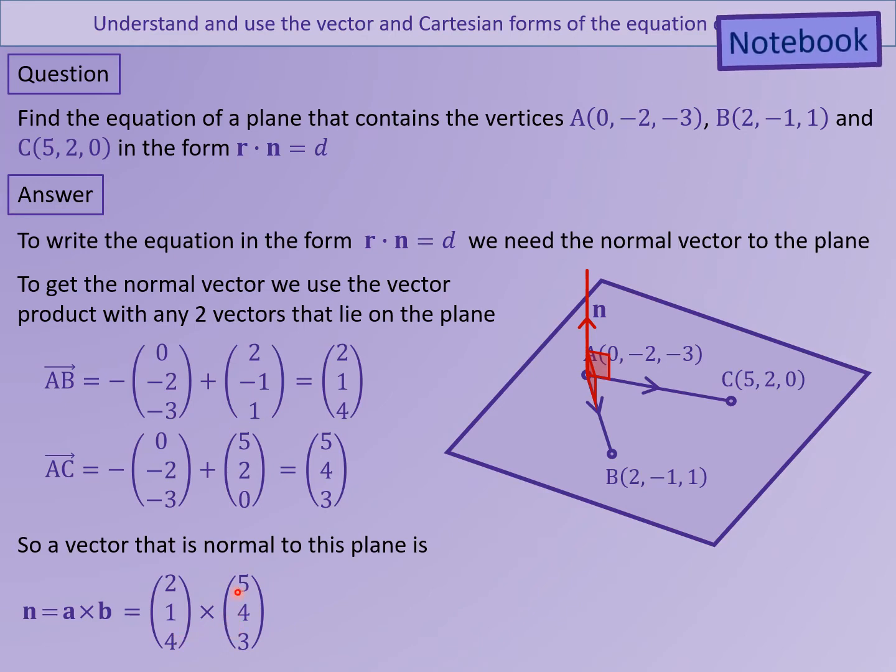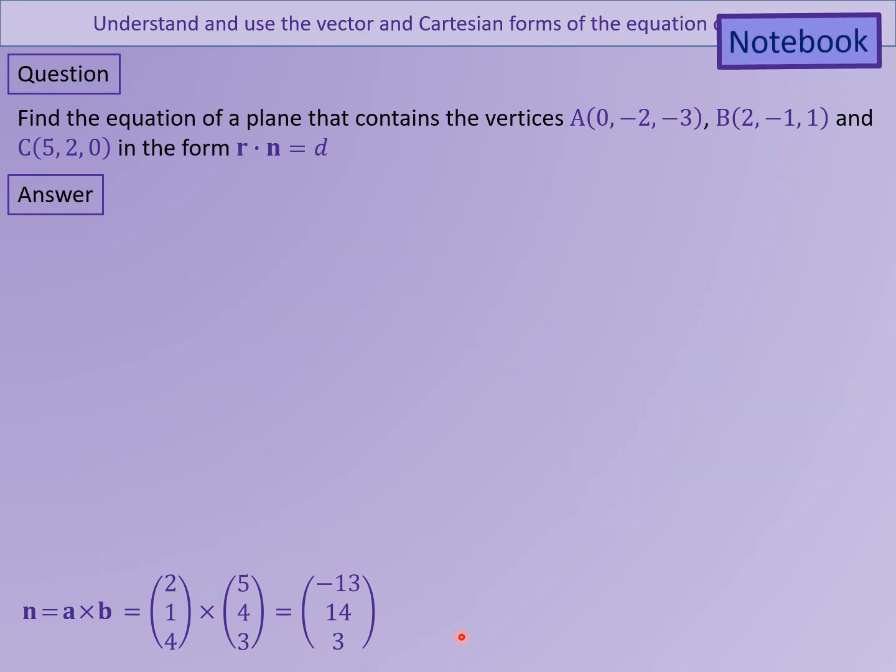I would do 4 times 5 minus 2 times 3, and I would do 2 times 4 minus 1 times 5 to get the answers just there. Now that vector is a normal to the plane. Different multiples of it will also be normals, but that vector just there is definitely a normal to the plane. So what about the d value then?